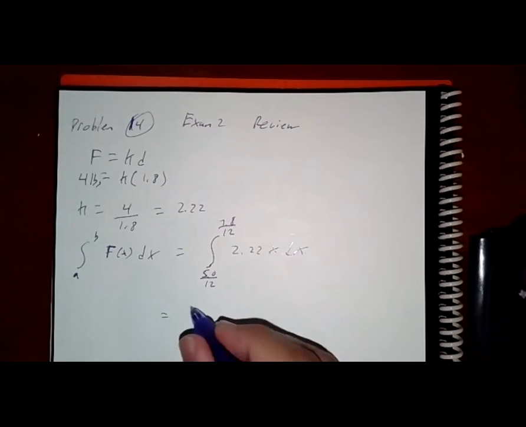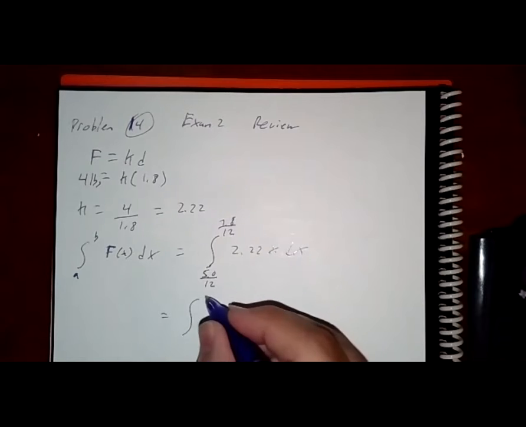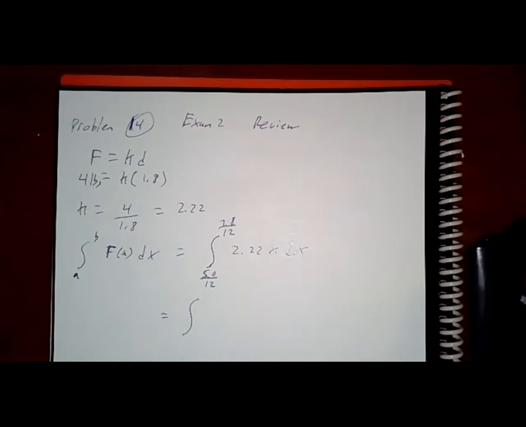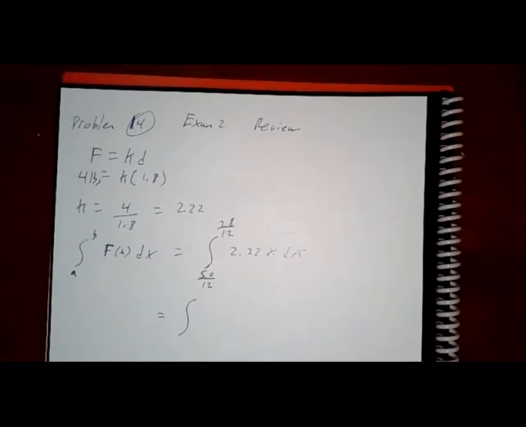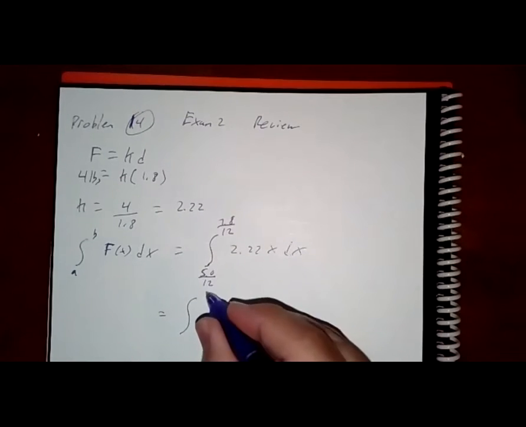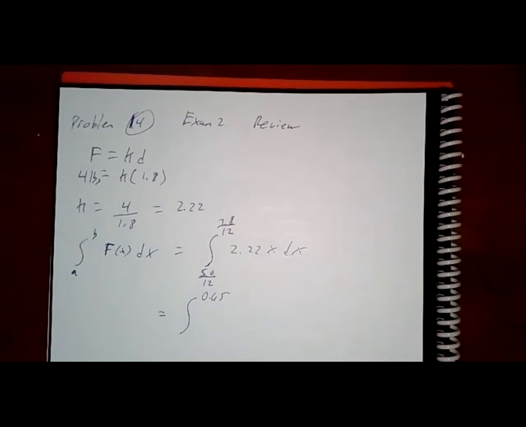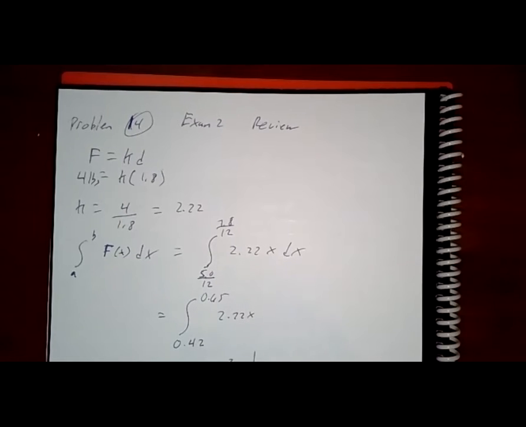So that will be, let's change those numbers to something prettier. 7.8 divided by 12 is 0.65, 5 divided by 12 is 0.42. 2.22x, which will be 2.22x squared over 2 from here to here.